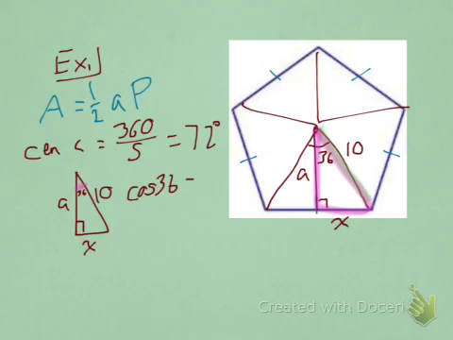So cosine of 36 is A over 10, which means A equals 10 cosine 36. Let me type this onto the calculator real quick. 10 cosine of 36 is approximately 8.09.